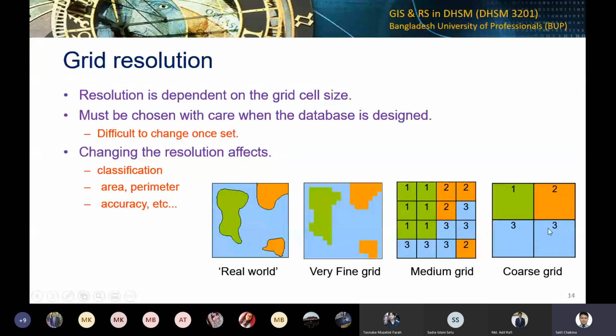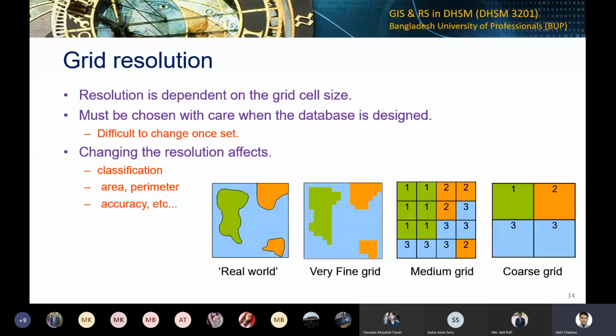Why? Because of the dominance of water body pixels. Now this pixel, which covers this much area, realizes that 75% of the entire area is covered by water, and 25% is urban area.